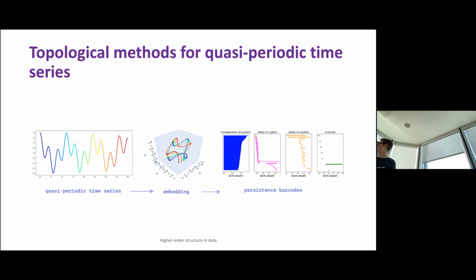So one would have a time series. One embeds it. One would get something like a Harper torus. And then one can study the persistent barcodes. What would be important here is to have representatives of the important topological features that are actually consistent with the time closeness. So this is something that we're doing at the moment. It's a very interesting question.